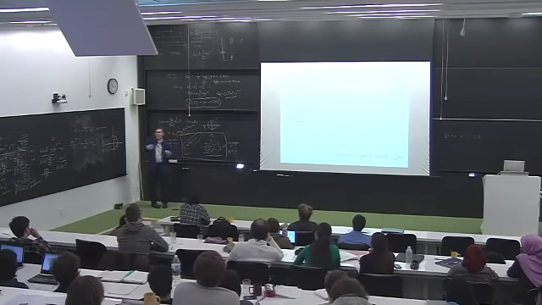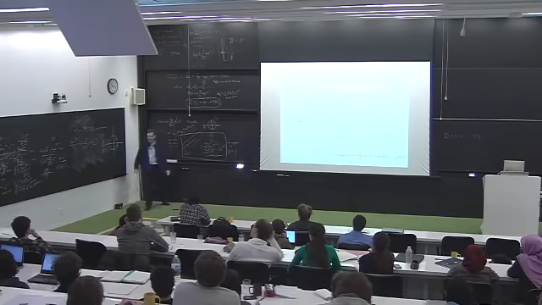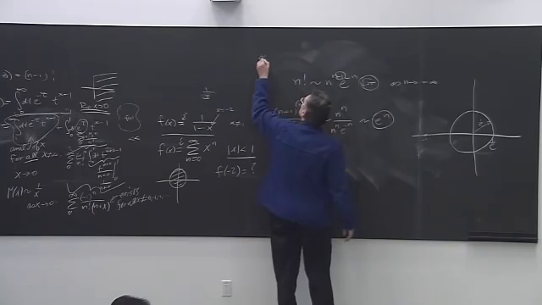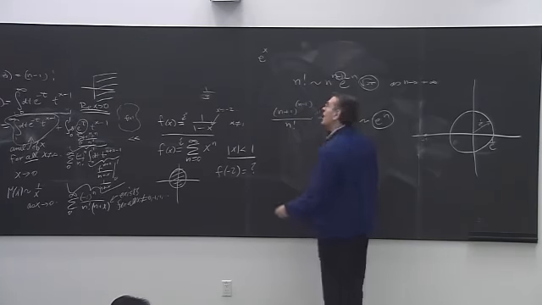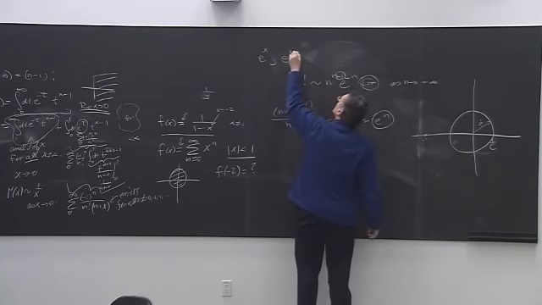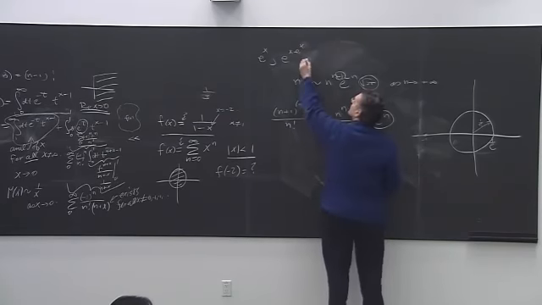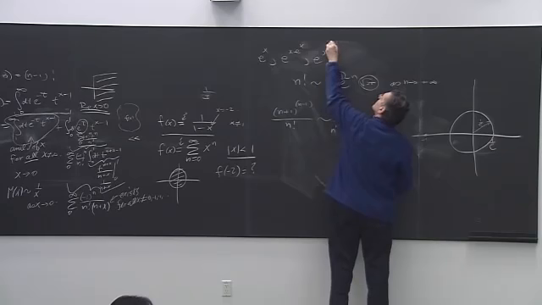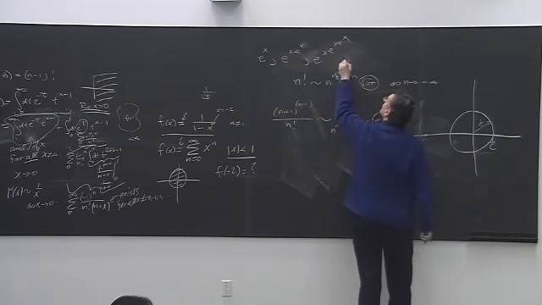So I claim all you need to do is this. Let's calculate first e to the x. Next, I will calculate e to the x, e to the x. Next, e to the x, e to the x, e to the x. And so on.